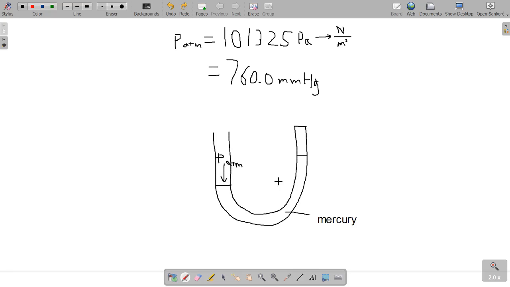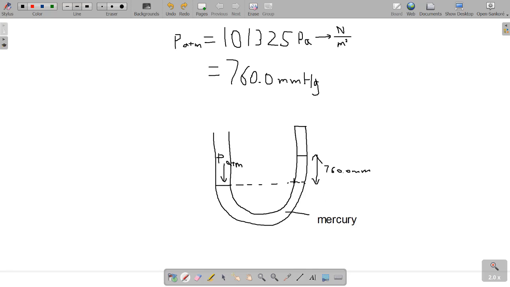So what 760 mmHg means is that this height is 760.0 mm.